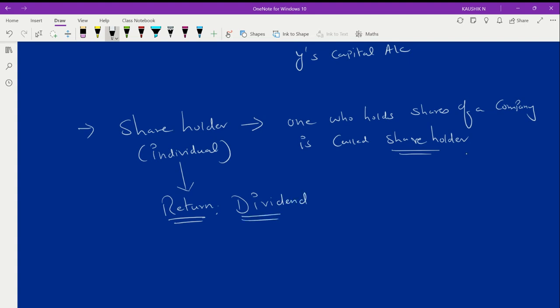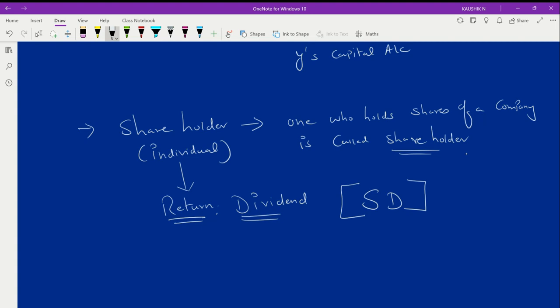Okay, so dividend is a return which a shareholder will receive for the amount invested in that respective company's share. So to understand this easily, I'll give you an easy understanding tip. Shareholder starts with the letter S and return dividend starts with the D. So SD, have this as a remembrance.